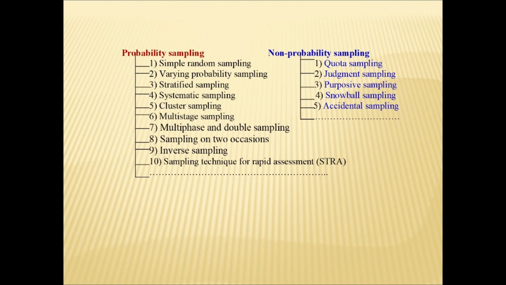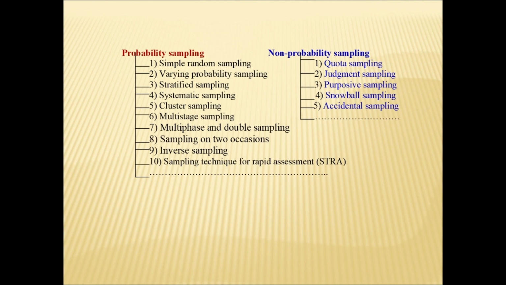That again depends upon the population and the objective of the study, and depending upon the objective of the study, we will go for a particular type of sampling method. I am not saying that non-probability sampling is out of court, but probability sampling is always better than non-probability sampling.